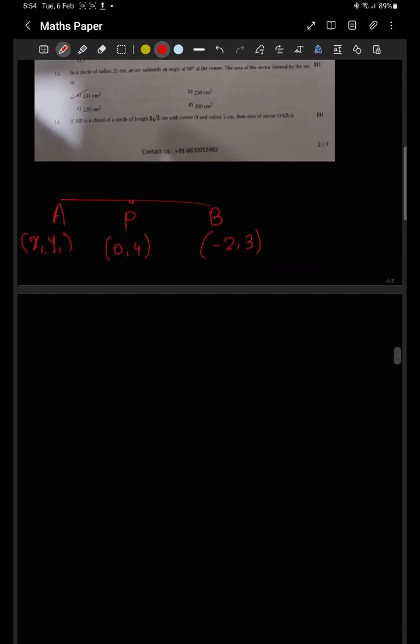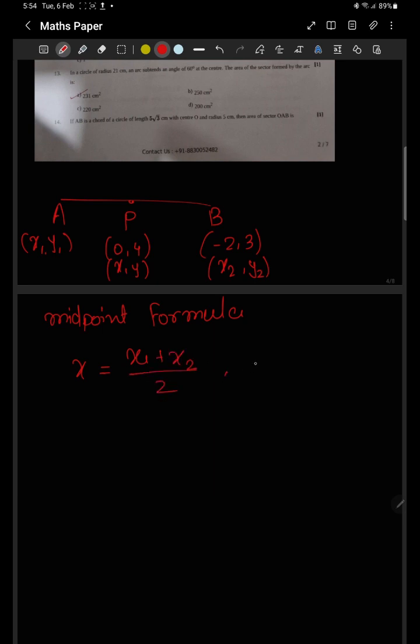How will you find it out? So we know the midpoint formula. If I consider this as x comma y, this is x2 comma y2. So as per the midpoint formula, x is equal to x1 plus x2 upon 2, and y is equal to y1 plus y2 upon 2.